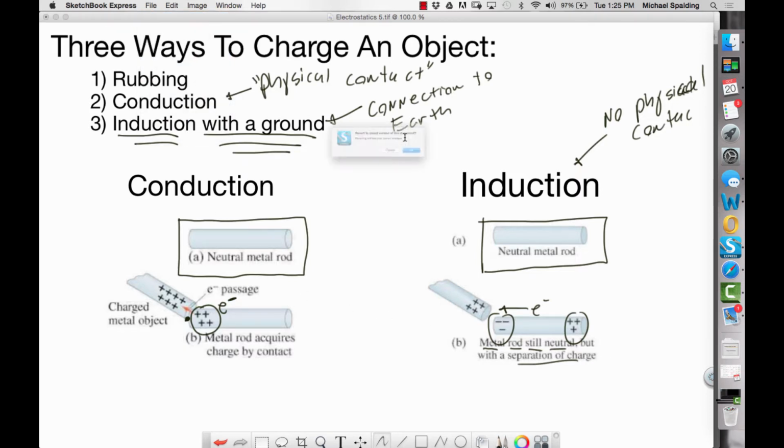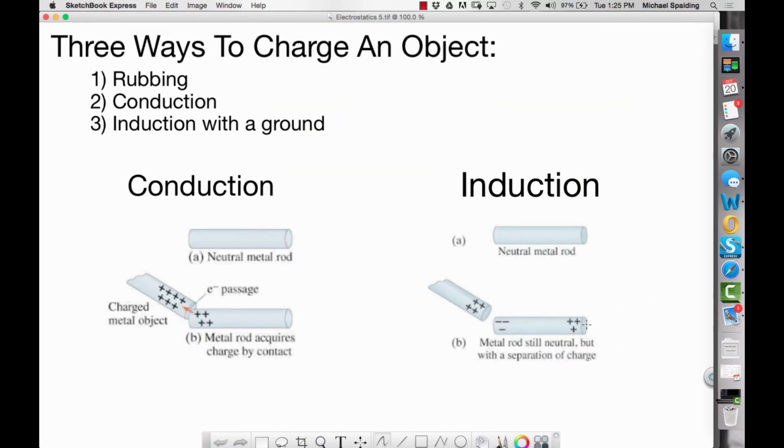So here's how you designate the ground. And we're almost done. Okay, so the way you put a ground in is like this. So what this represents is a connection to the earth. This symbol right here indicates grounding. Now, follow me. If you bring in this positive rod, no touching, this is induction. You bring in this positive rod like this, is this going to pull electrons up from the earth, or is it going to push electrons down into the earth?